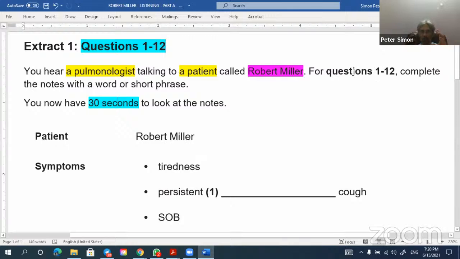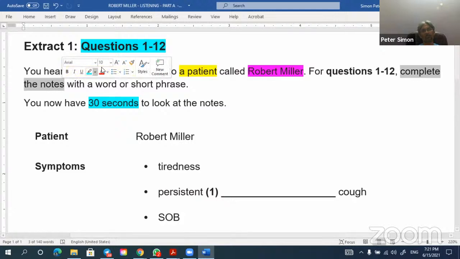That means whatever notes is there, based on that one, relating to that one, you have to complete so that it gives appropriate meaning grammatically and vocabulary wise. That means the notes is incomplete.